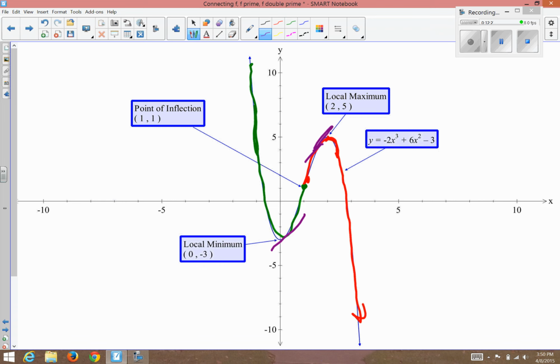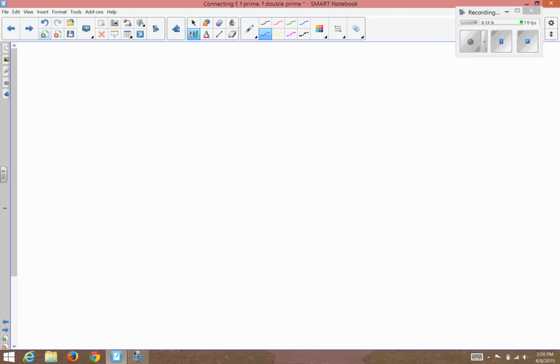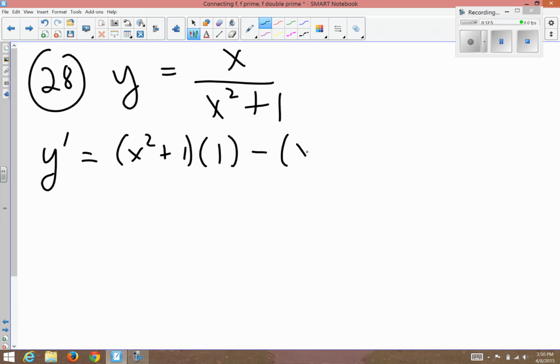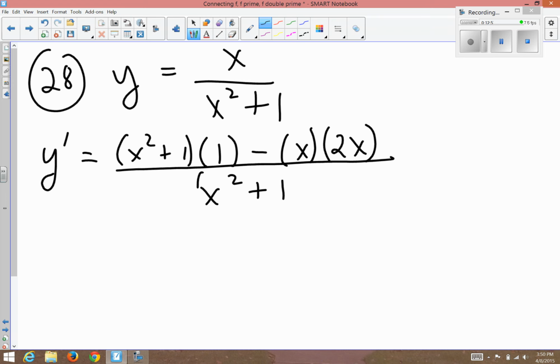We're going to do one more example. Number 28. y equals x over x squared plus 1. All the same directions as the last, parts A through F. The derivative of this is the denominator times the derivative of the numerator minus the numerator times the derivative of the denominator all over the denominator squared.